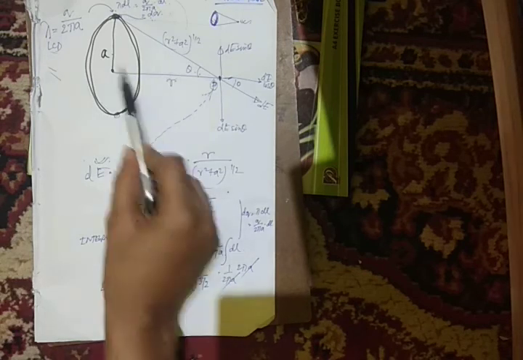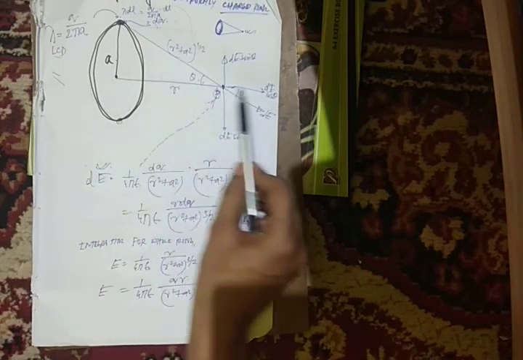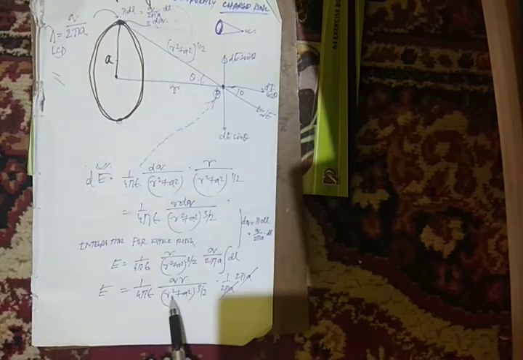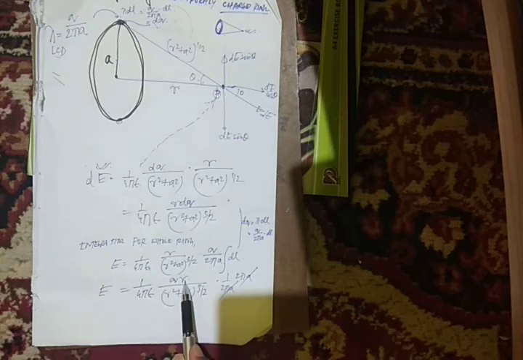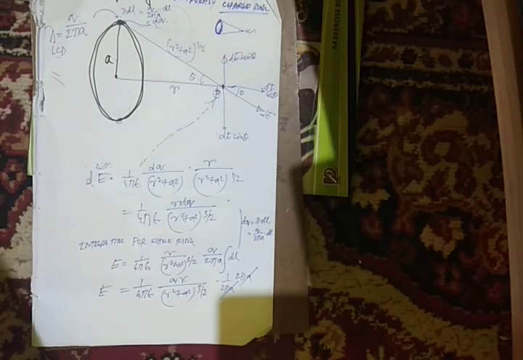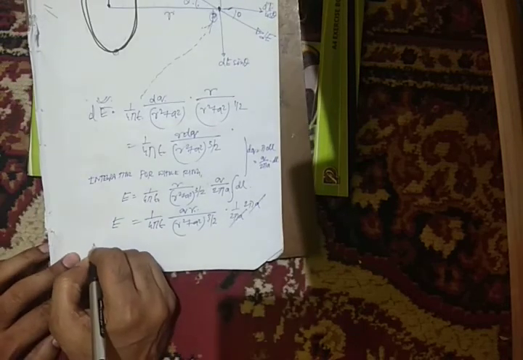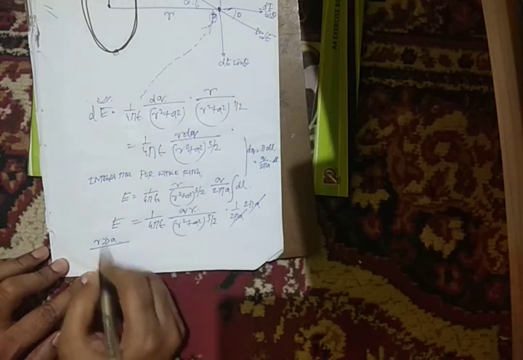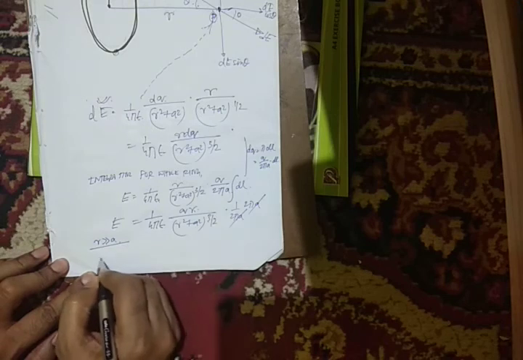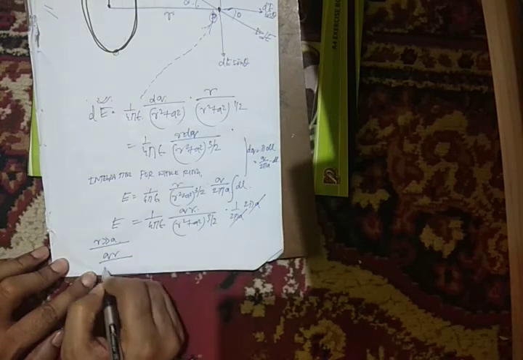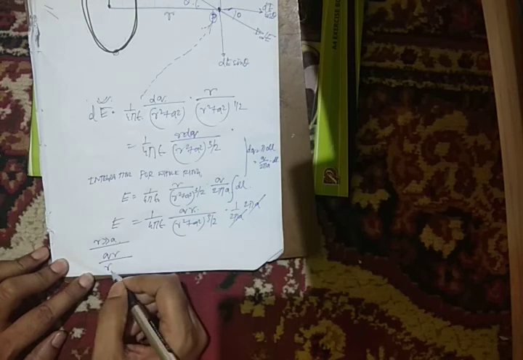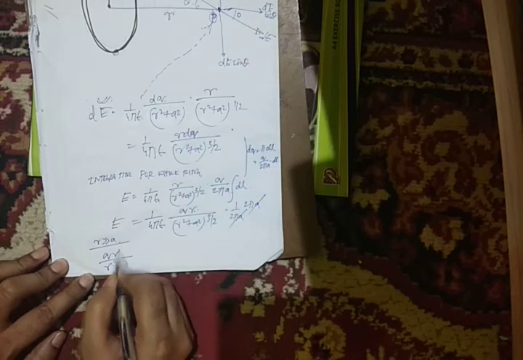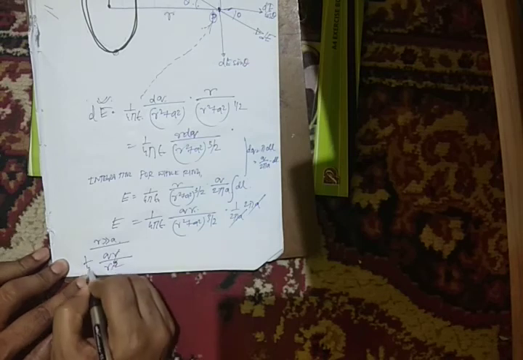Now if r is far greater than a, so this part is r cube, this becomes r square. So for r far greater than a, this part becomes q r by r cube, that is q by r square form.